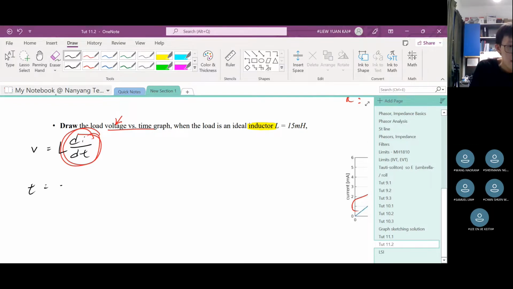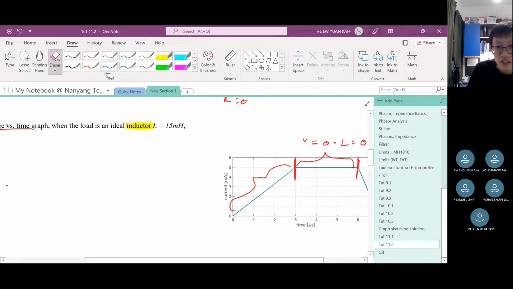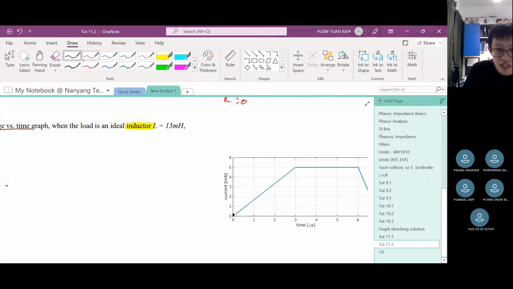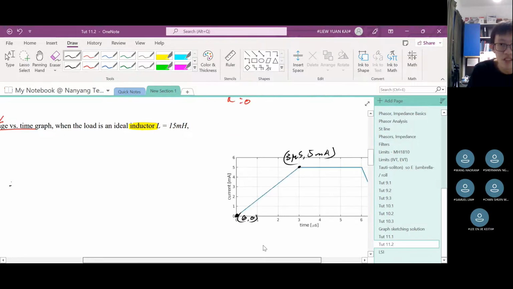So for t running from 0 to 3 microseconds, okay, let us look at the coordinates of the point. So for a straight line, you need 2 points. One is the origin, so 0, 0. Another is up here. So here, the coordinate is 3 microseconds, 5 milliamperes. Okay, so y2 minus y1, x2 minus x1.